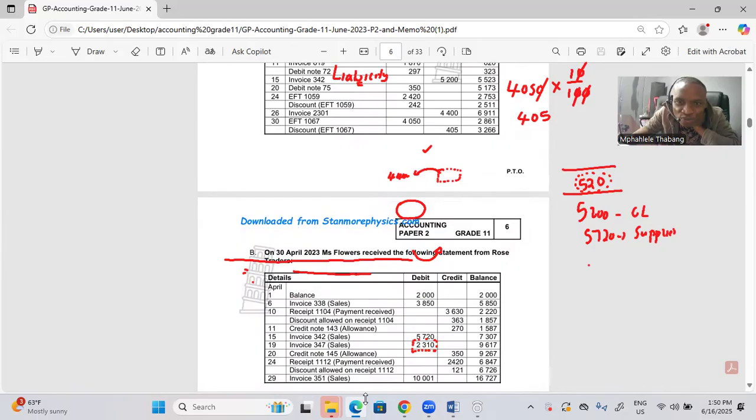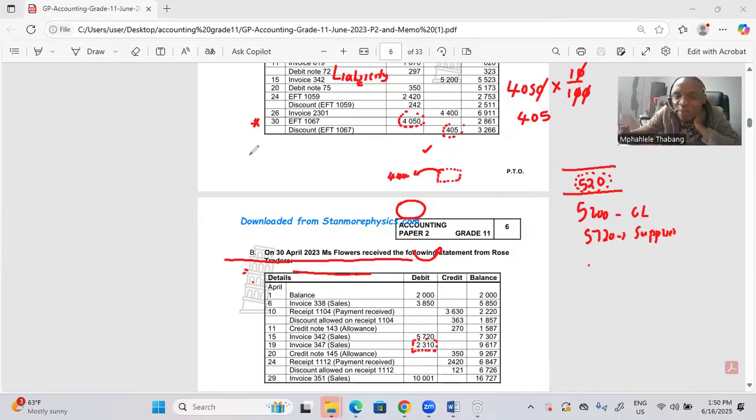EFT 1067. Oh, they are saying actually these entries, 4050 and 405, do not appear on the statement because, if you look, this transaction is taking place on the 30th.